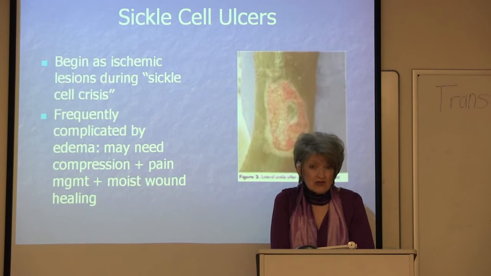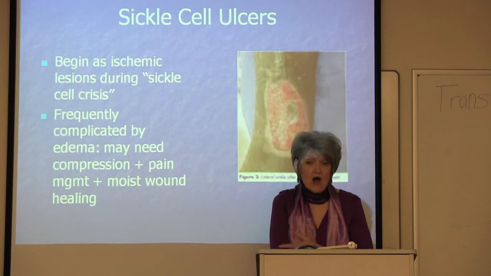Many times these ulcers are very slow to heal because there may be recurrent episodes of ischemia. Over time, enough scar tissue forms in the soft tissues to interfere with venous return, so they can become a combination arterial venous ulcer, characterized by tissue ischemia, edema, and impaired venous return.